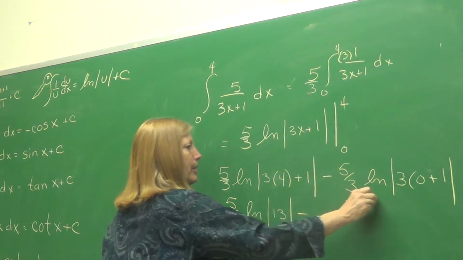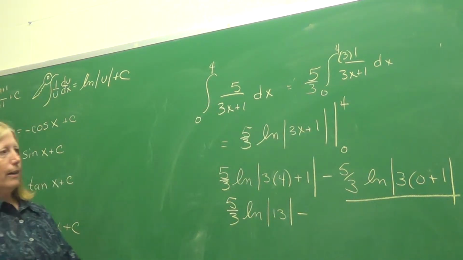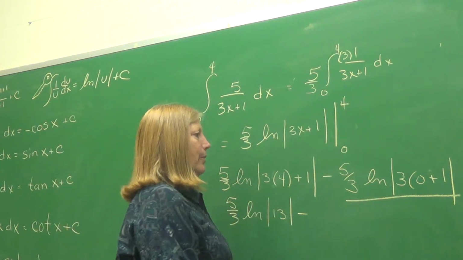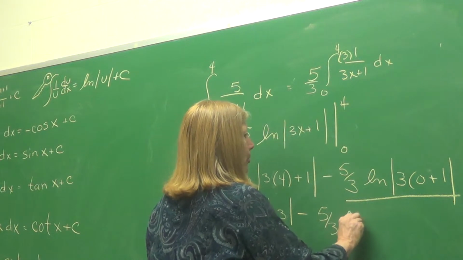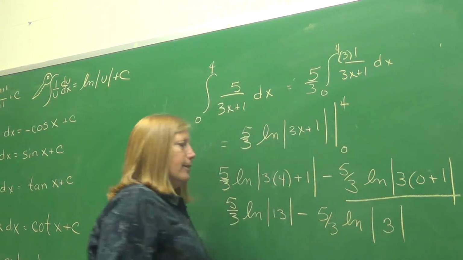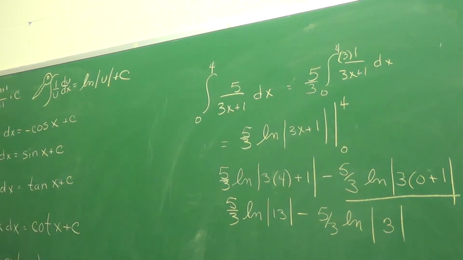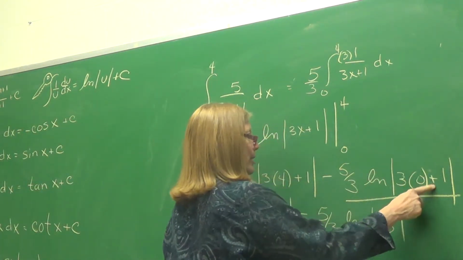Brendan, what's ln of... oh, I guess we don't know, we have to look it up. 5/3 times... Oh, wait a minute. This is 3 times 0 plus 1. So we do know this.